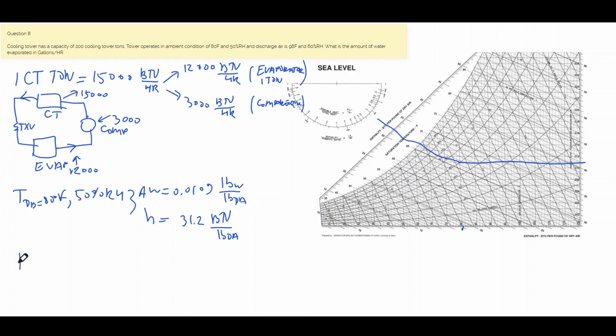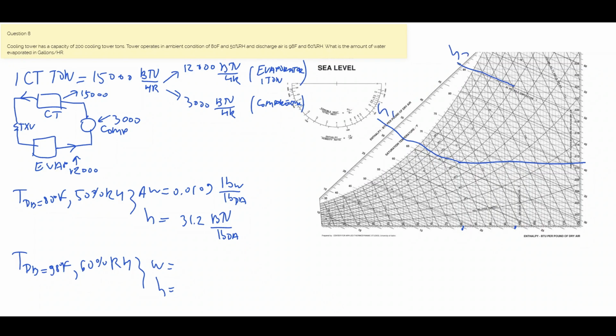Our second condition, leaving cooling tower, is 98 degrees Fahrenheit dry bulb and 60% relative humidity. Now let's go and interpret it as well. So 98 roughly here, 60 relative about here. We go interpret our enthalpy.